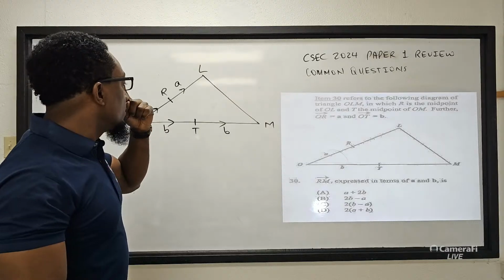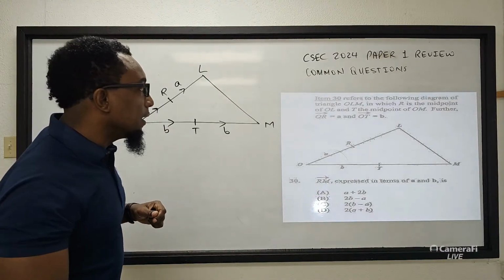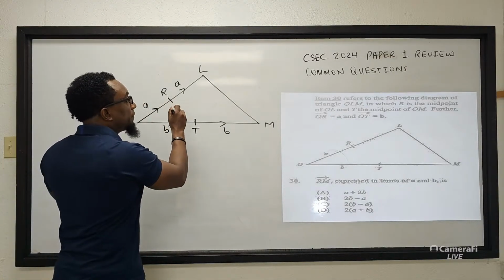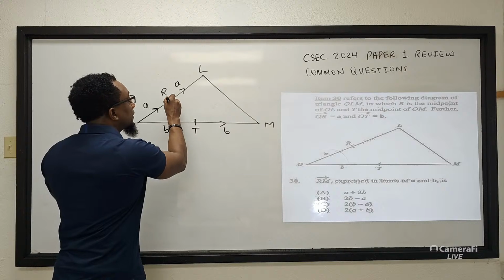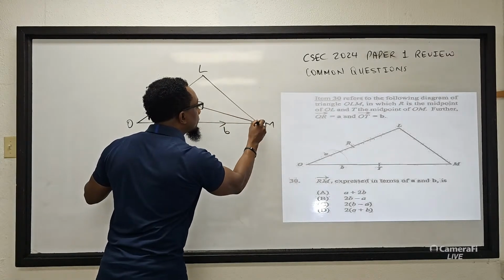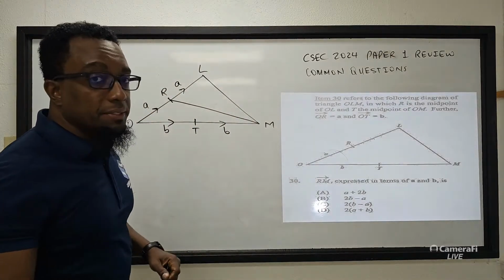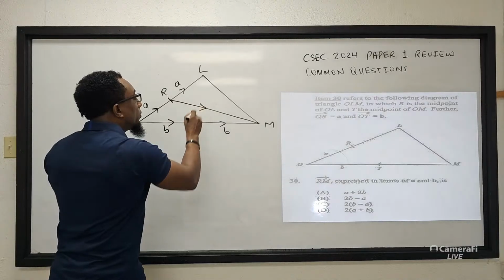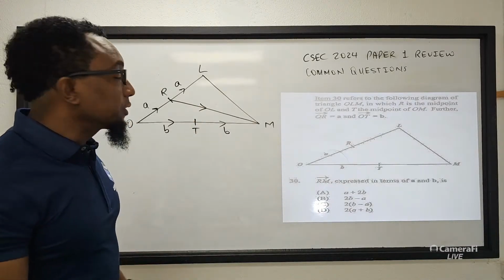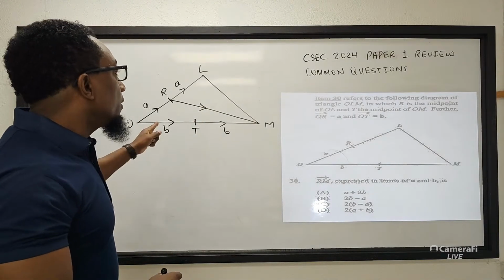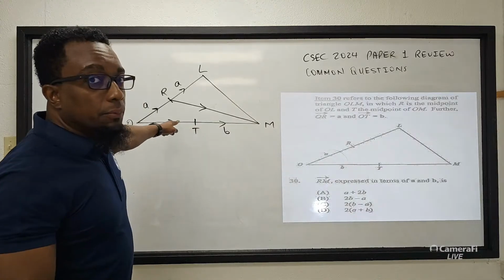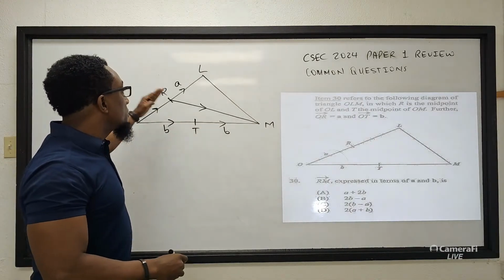So we want to determine now what is vector RM. To find vector RM, I'm going to connect R to M. That's my vector RM. I'm going to put my arrow to indicate my direction from R to M. R to M falls within this triangle where I have the magnitudes of 2 vectors.